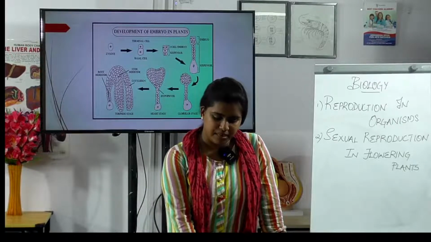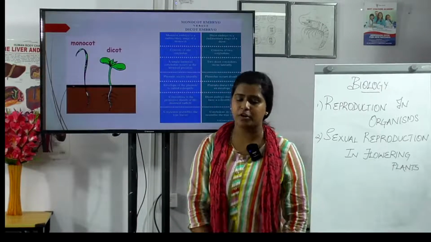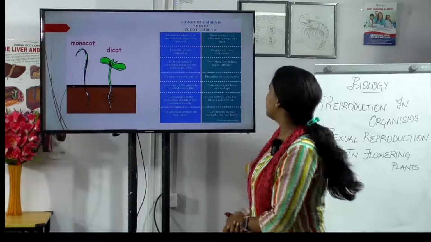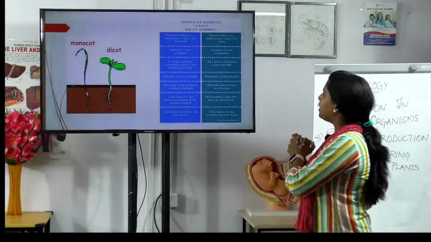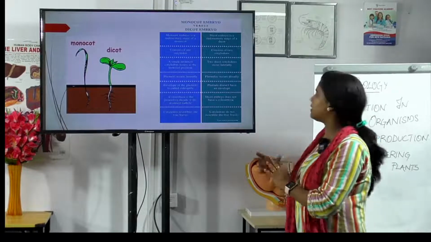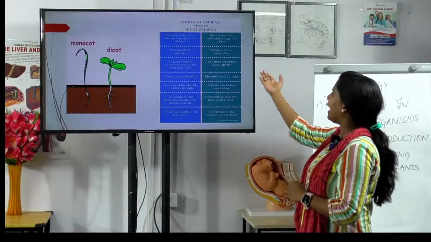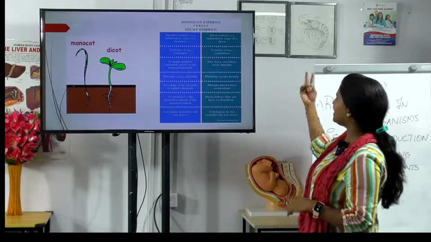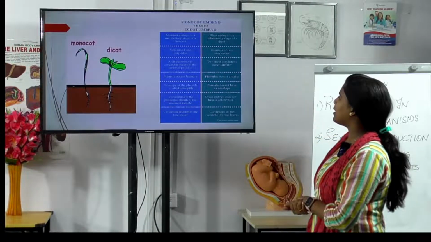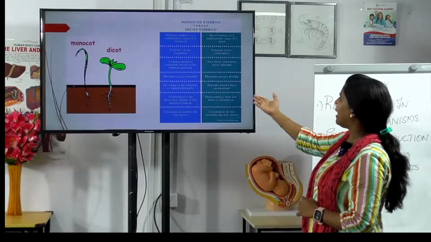Okay, now let us see about monocot and dicot embryos. The monocot embryo is at a rudimentary stage, and here too it is a rudimentary stage, and it consists of one cotyledon, in dicot it is two. The single monocot cotyledon occurs in a terminal position, and in dicot it occurs laterally.